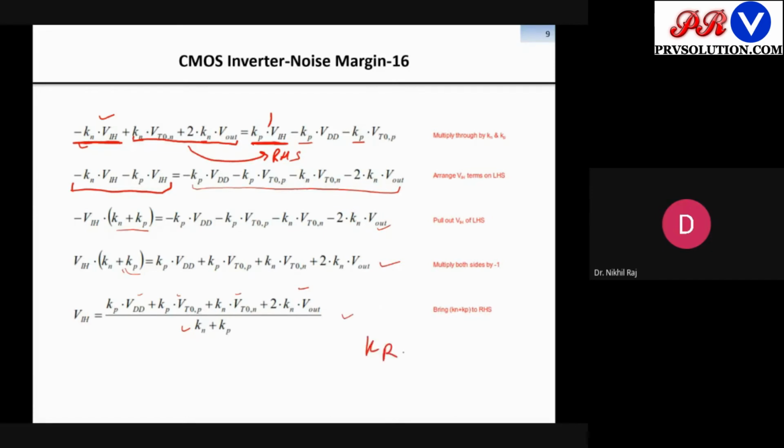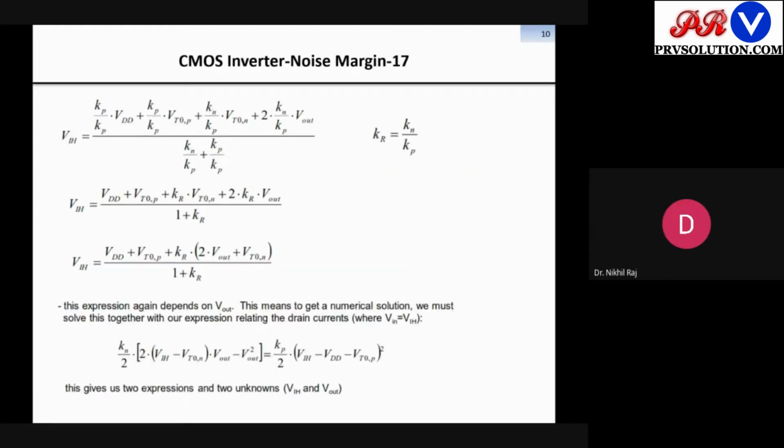But we know that we have defined one relation, that Kr equals Kn by Kp. So this can be replaced by dividing the numerator and denominator by Kp. Then you can easily go with the normalized equation, so that we can remember it very easily.